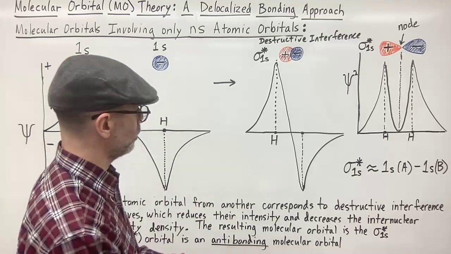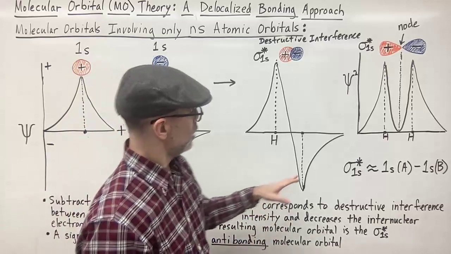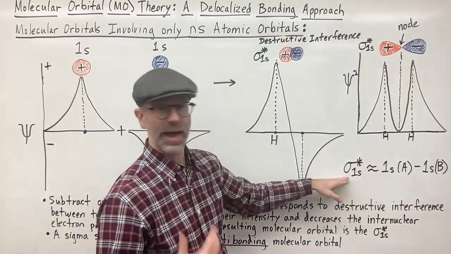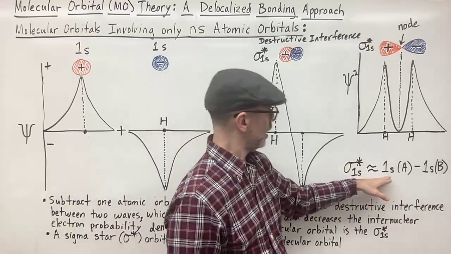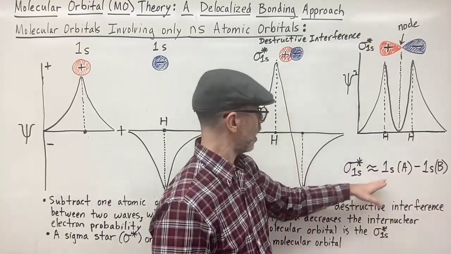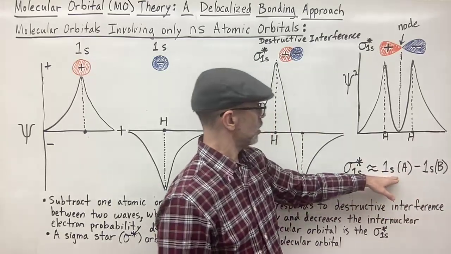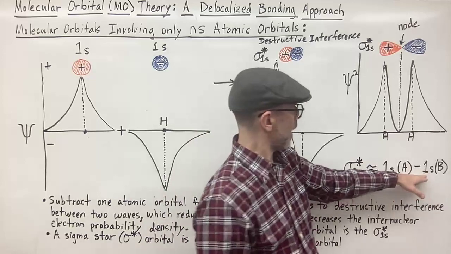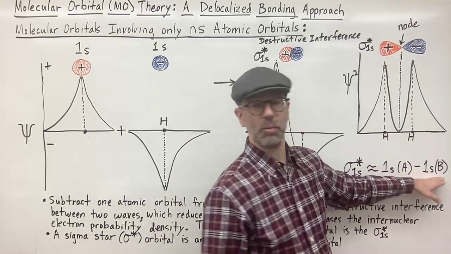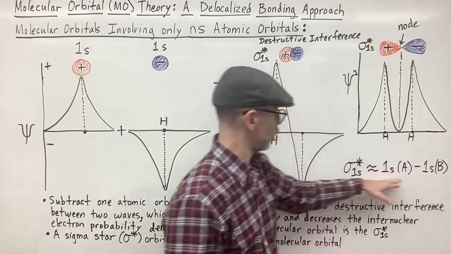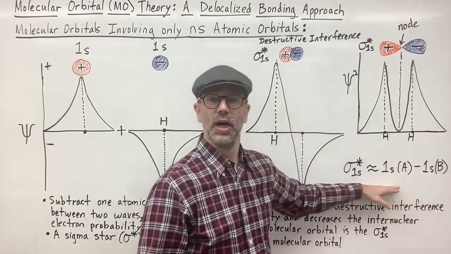So let's talk a little bit about the sigma 1s star. The sigma 1s star orbital is the molecular orbital that is formed from the combination, or the difference, I should say, of the 1s orbital from hydrogen A minus the 1s orbital from hydrogen B. So here this is showing a destructive interference.